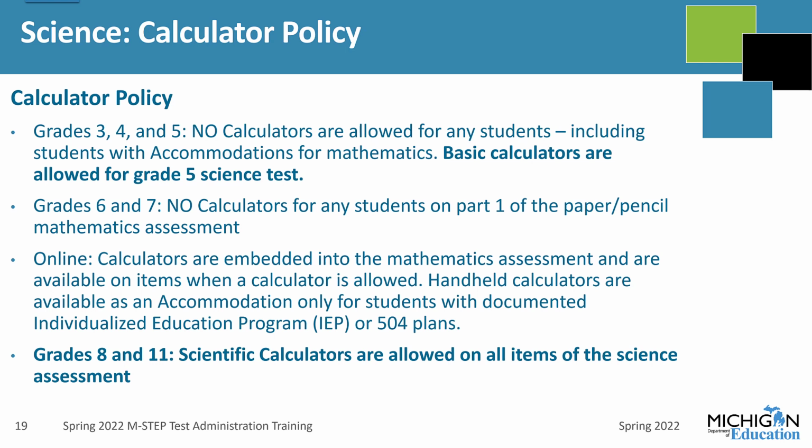And no handheld calculators are allowed except as an accommodation and only on items that have the calculator available. But for science, calculators are allowed on all tested grades 5, 8, and 11. In grade 5, basic calculators are allowed, and grades 8 and 11 have scientific calculators.